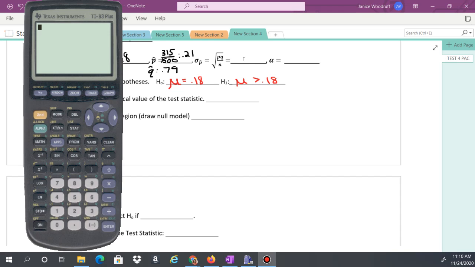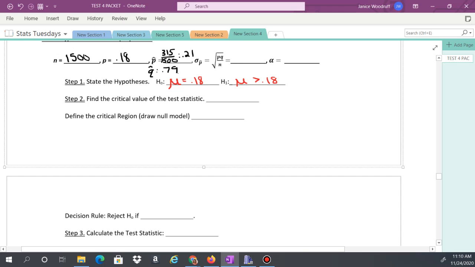Okay, so then the standard deviation of p-hat is the square root of pq over n, which means we're going to be doing this. 0.18. Our q, oh, we need the q, not the q-hat, so q, 1 minus 0.18, 0.82. Okay, then over my sample size, 1,500.